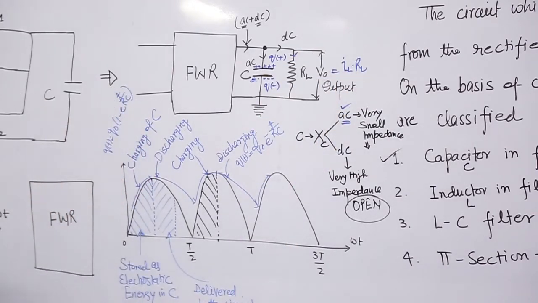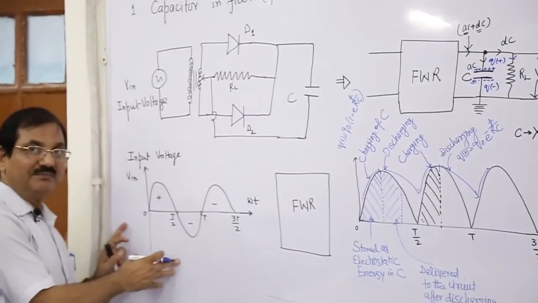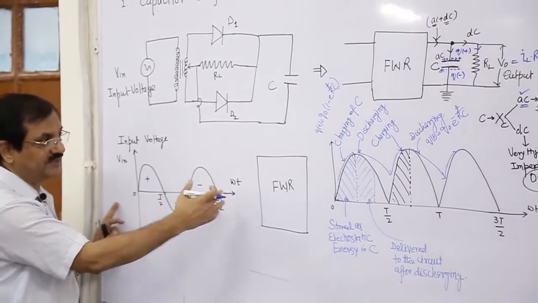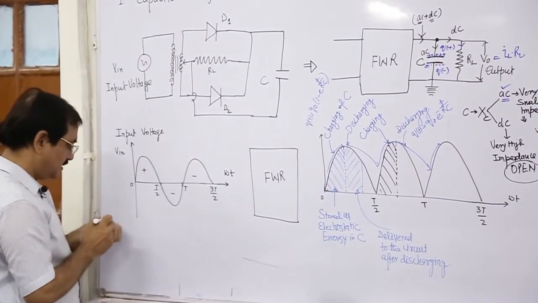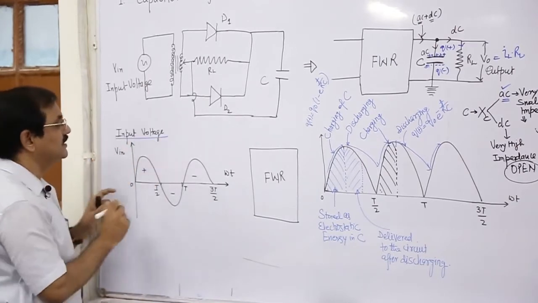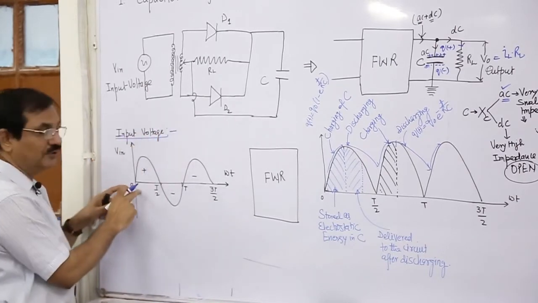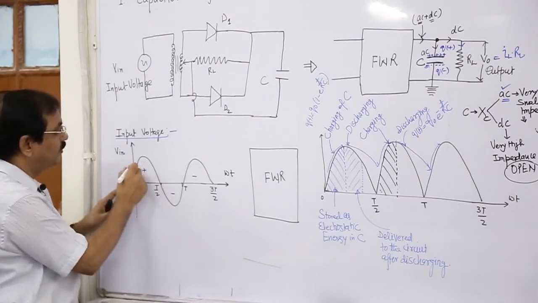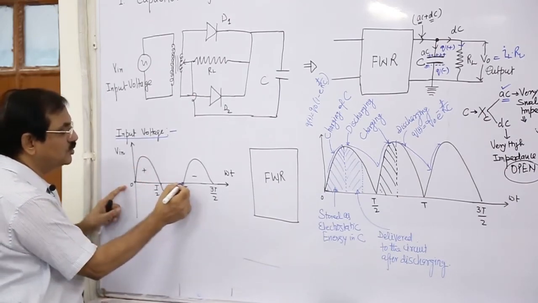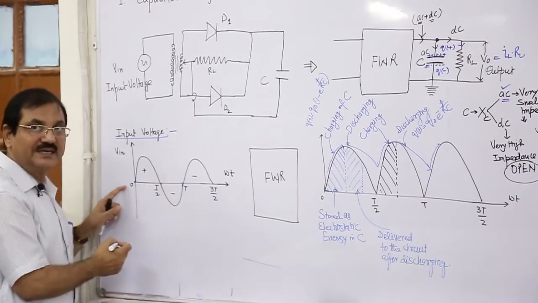The action of the capacitor can be explained on the basis of this wave. Suppose this one is the input voltage. From 0 to T by 2 is the positive half, and T by 2 to T is the negative half.